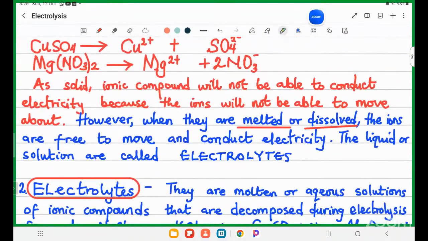However, when they are melted or dissolved in water, the ions are free to move and they will conduct electricity. So the liquids or solutions are called electrolytes.